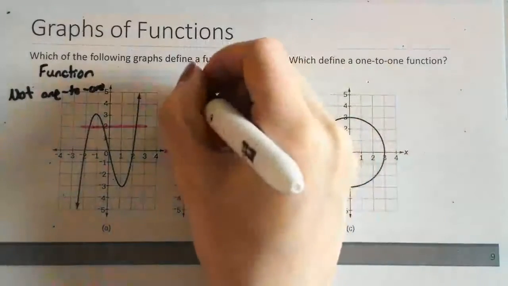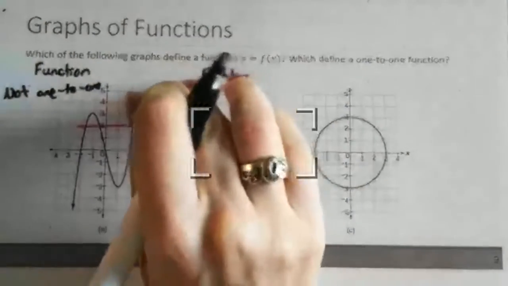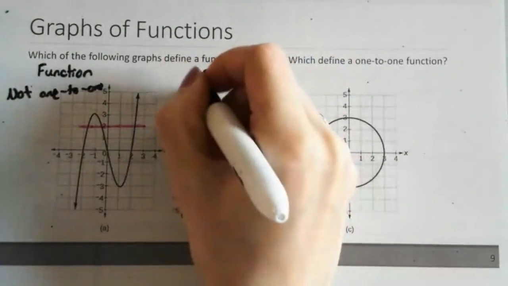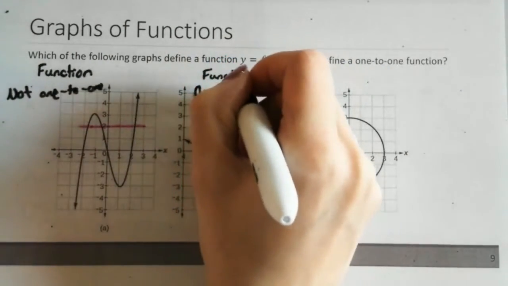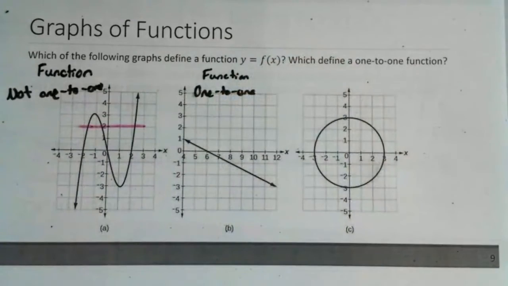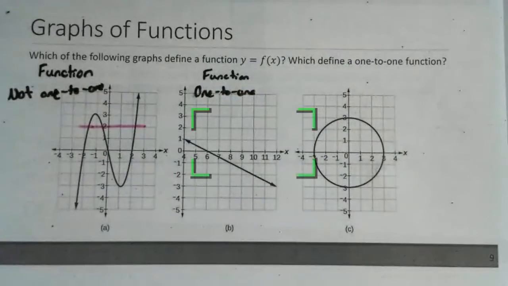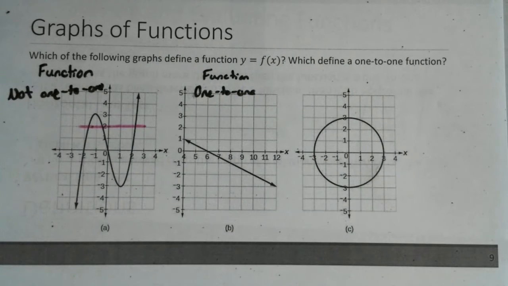No, it doesn't look like it, so this one is one-to-one. Each input, x, has only one y value. Each output, y, has only one input, x. So this one is a function and a one-to-one function.